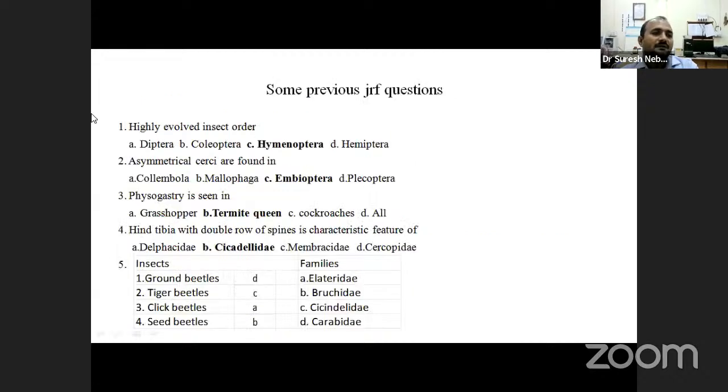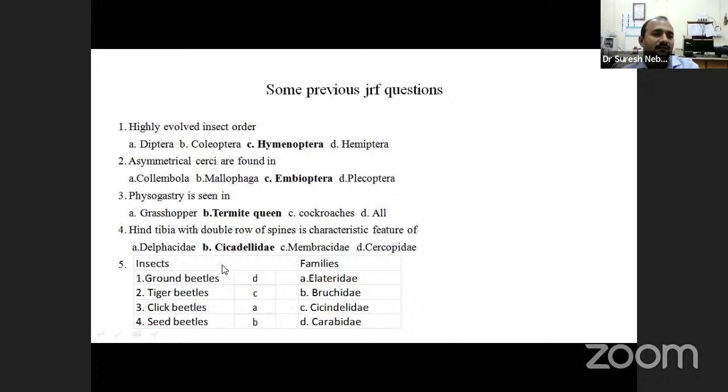Some previous questions I have given for this section, like which is the highly evolved order, and which is the order that is the connecting link between Lepidoptera and the next suborder. Everything is there in the IMS book and your Insecta book, so you should read those books very carefully.